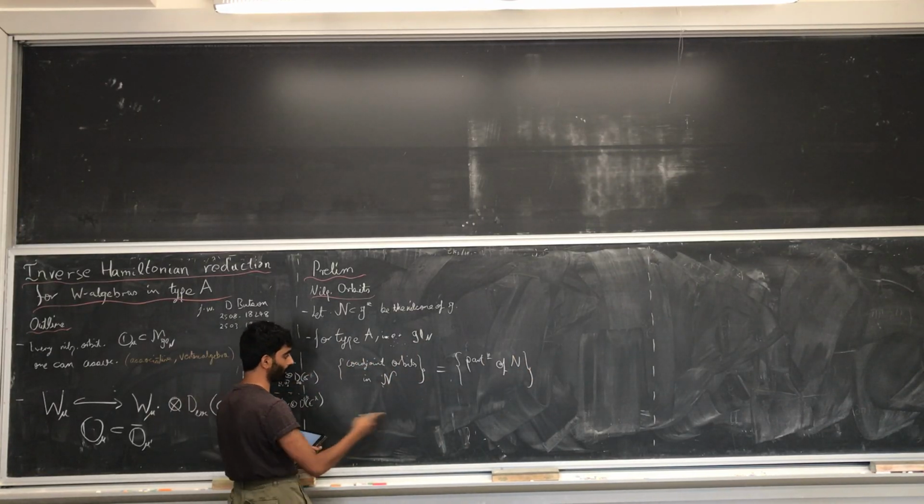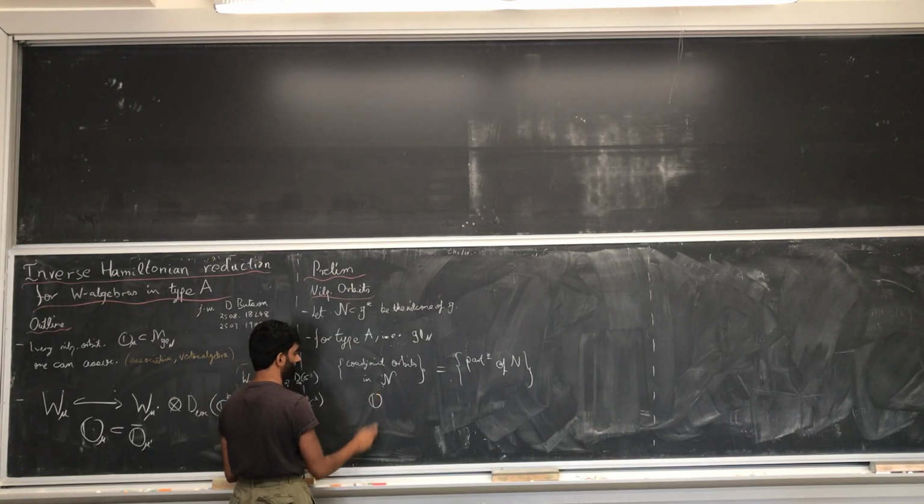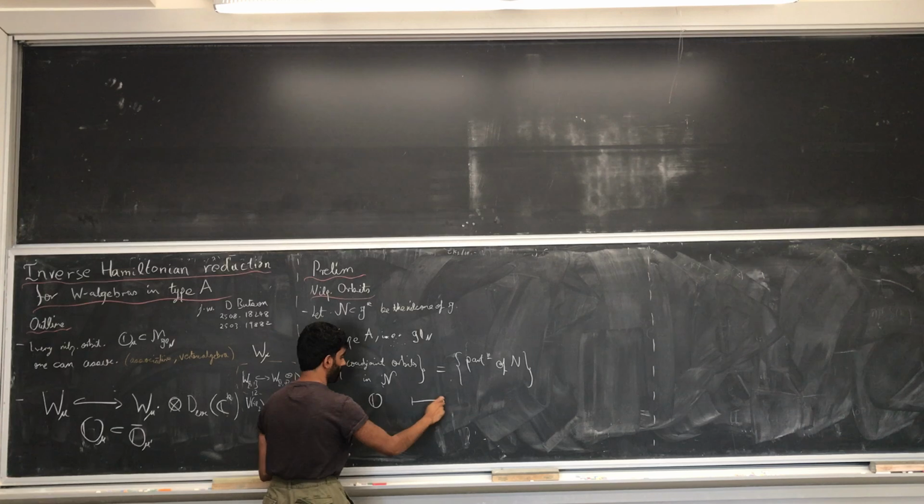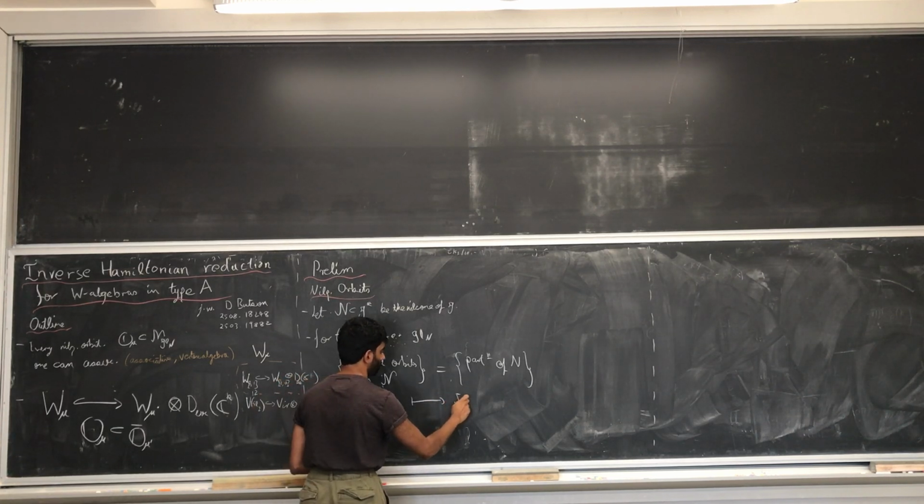And the way this works is that if I take some orbit here, I pass to its Jordan type.